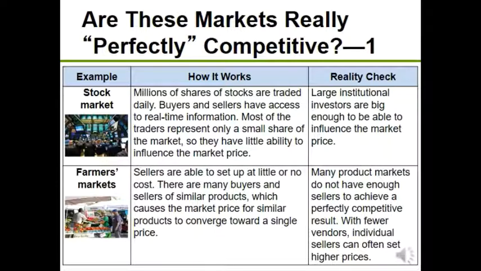The stock price is literally just the price of the most recent trade. And because each of the traders are only a small share of the people trading, they have little ability to influence the market price. But what might make them uncompetitive is the fact that there are large institutional investors, people like Vanguard or BlackRock, and these investors can influence the market price.